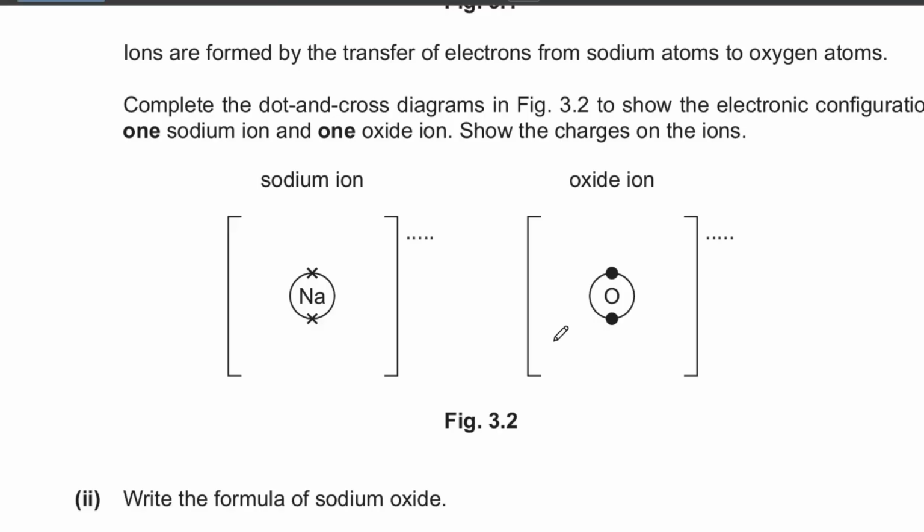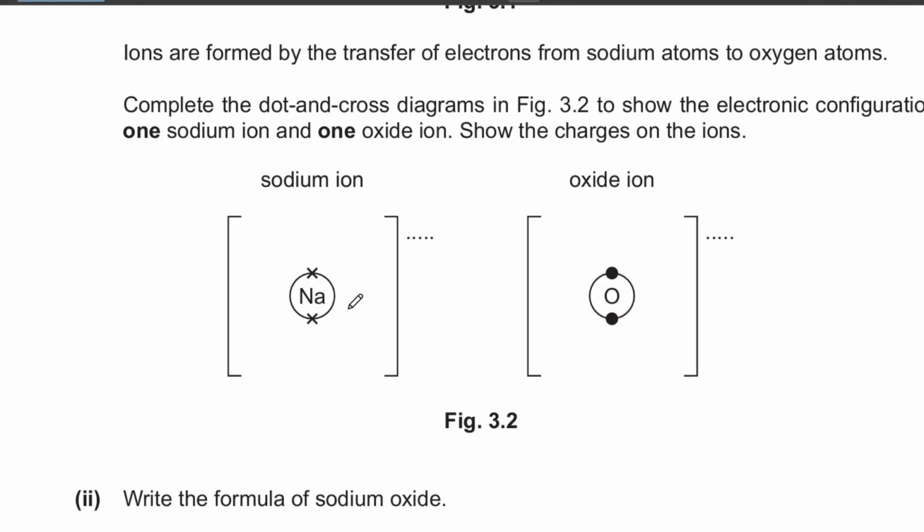Now to complete the diagram and get the charges, we need to write the electronic structure of sodium and oxygen. Sodium has the atomic number of 11, check your periodic table. That means the number of electrons is also 11, because the number of electrons and protons is the same for a neutral atom.